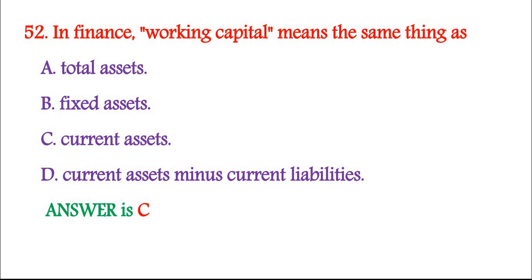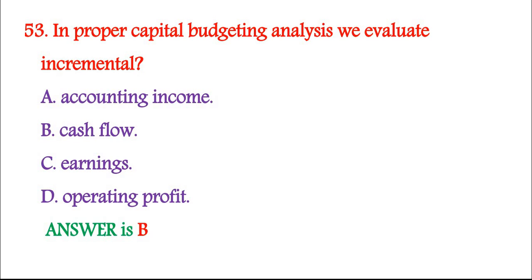52. In finance, working capital means the same thing as A. Total assets. B. Fixed assets. C. Current assets. D. Current assets minus current liabilities. Answer is C. 53. In proper capital budgeting analysis we evaluate incremental A. Accounting income. B. Cash flow. C. Earnings. D. Operating profit.